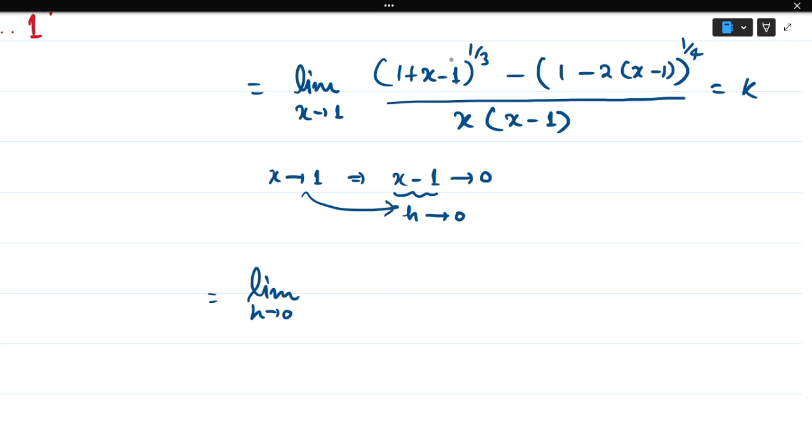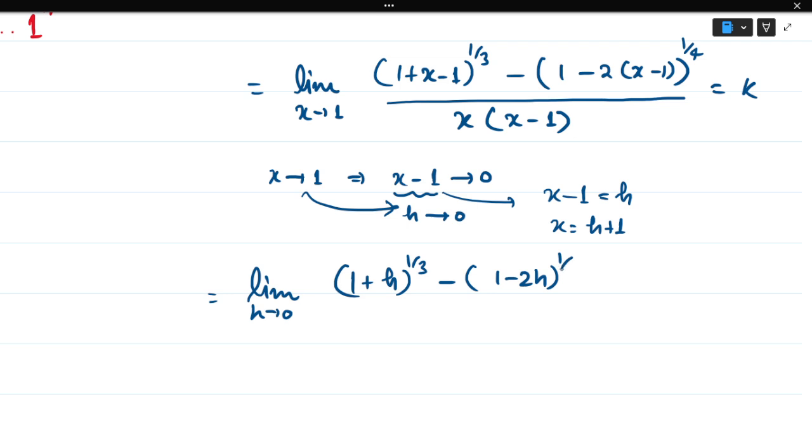Wherever x is written, we can write x as h plus 1. So we get (1 plus h) to the power 1/3 minus (1 minus 2h) to the power 1/4, over (1 plus h) times h, right?